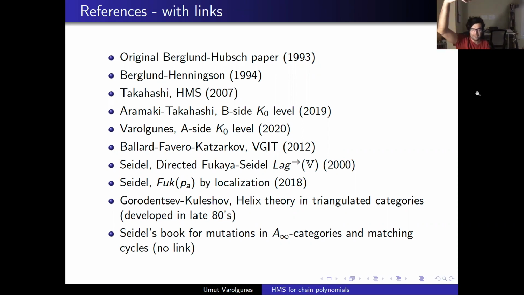What you do is take all the exact sequences: if you have an exact sequence, or distinguished triangle, maybe better to say, the central element is the same as the sum of the first one and the third one. And this is just a vector space, and then you also use the Euler characteristic of Ext groups to define this bilinear pairing. And this doesn't depend on the symplectic structure.